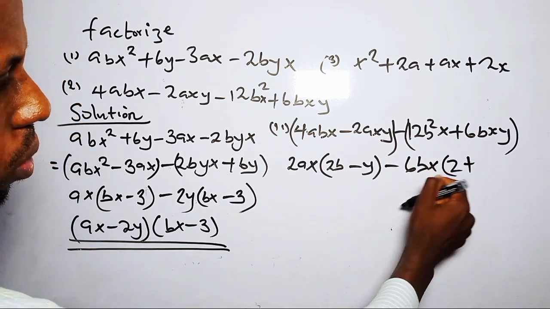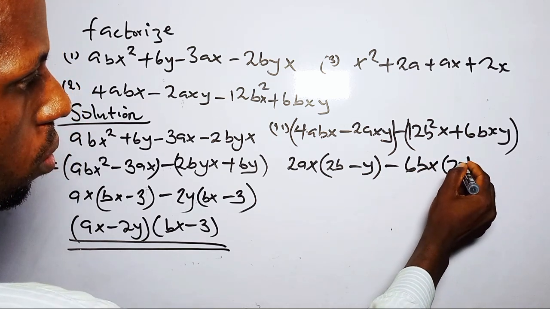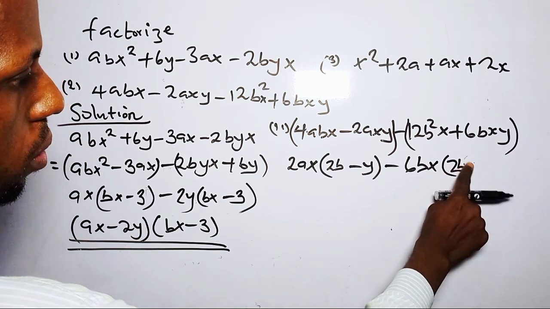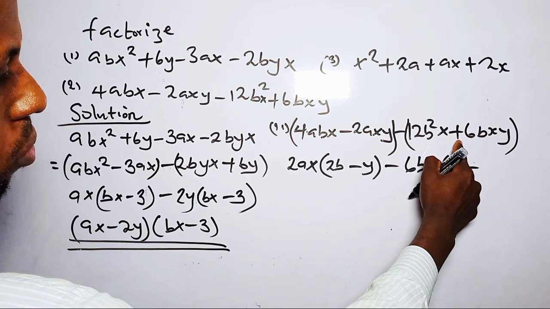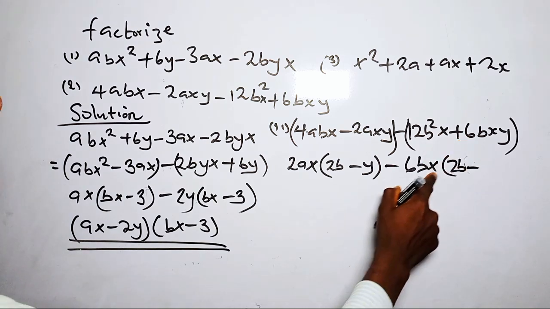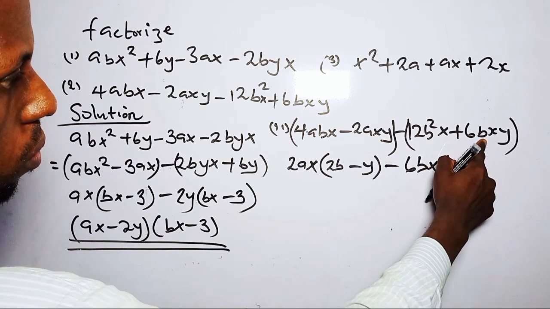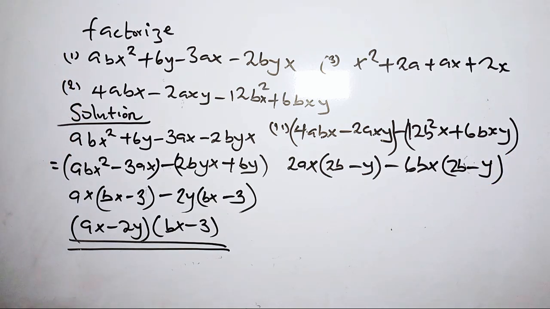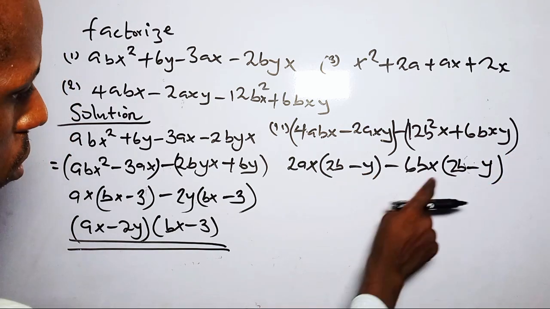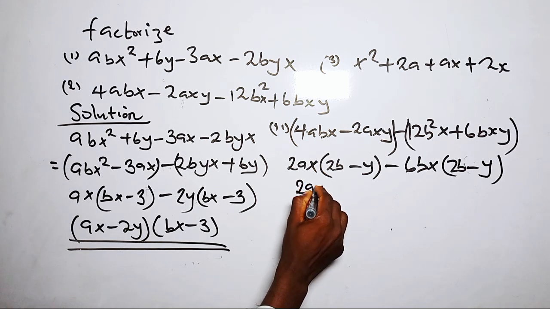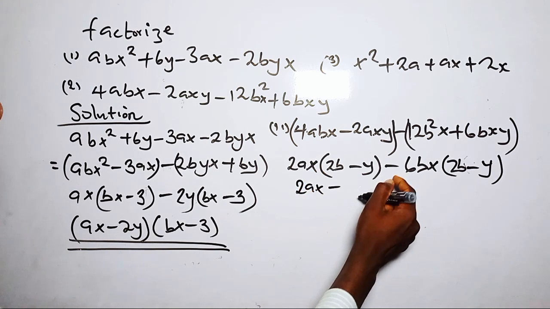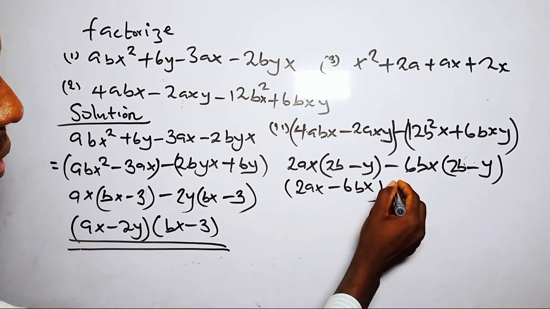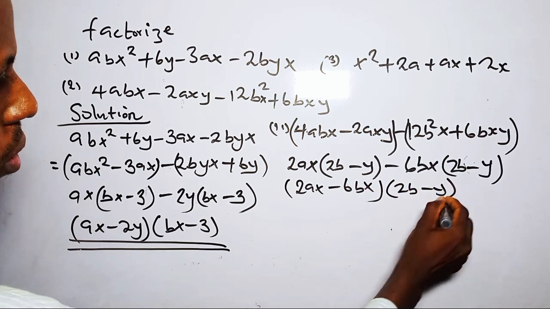Plus, so when we look at this, we have 2b. Okay, so for minus times minus, we have plus. Okay, so here when we divide this, we have y. Okay, since we have the same bracket, here we have 2ax, okay, minus 6bx, and we have 2b minus y.